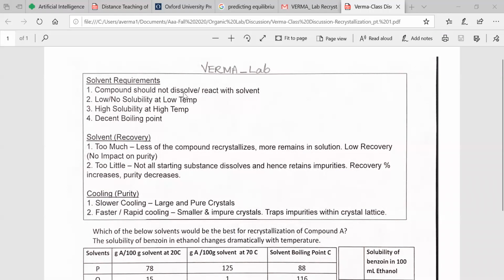It should not dissolve or react with the compound at low temperatures. So the solubility of the compound in that solvent at low temperatures, which usually is around 20 degrees Celsius, should be absent. However, that solvent should have high solubility at a higher temperature, which is usually about 70 to 80 degrees.